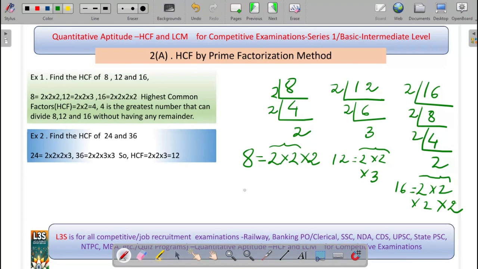So that is the highest common factor here: 2 into 2 equal to 4. So 4 is the greatest number that can divide 8, 12 and 16 without leaving a remainder.